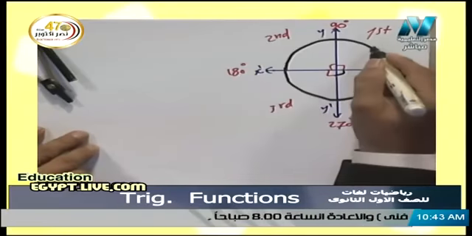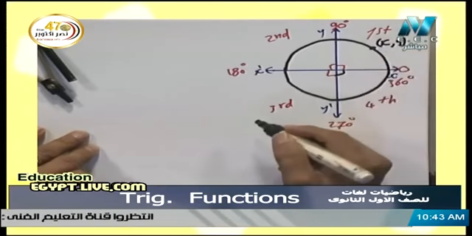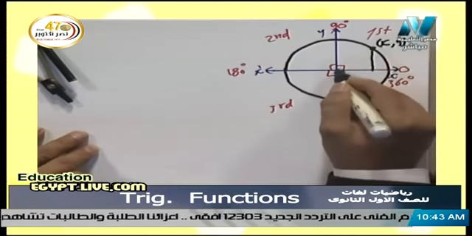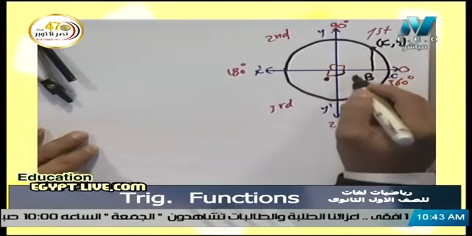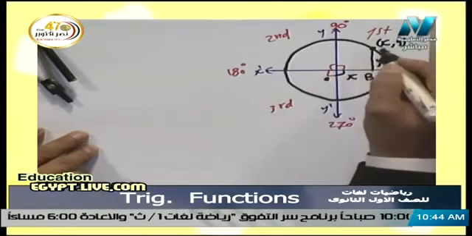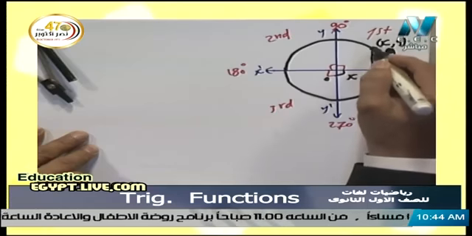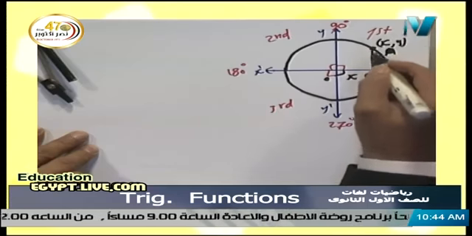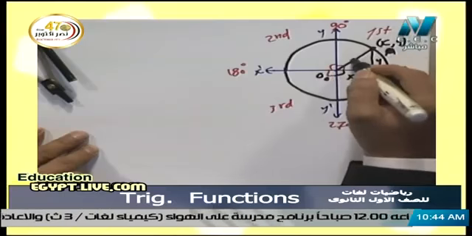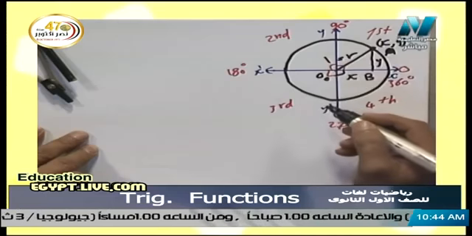If we have a point here, this point will be x and y. X is this part from the origin point to B, for example, and this part is y. If we call this point A, the line segment AB represents y, and OA is the radius, which equals 1 unit, because it's a unit circle.